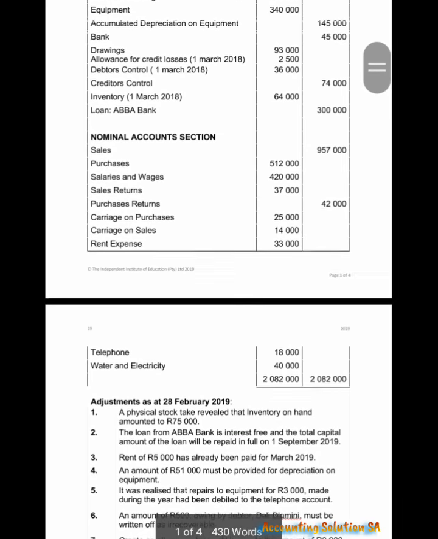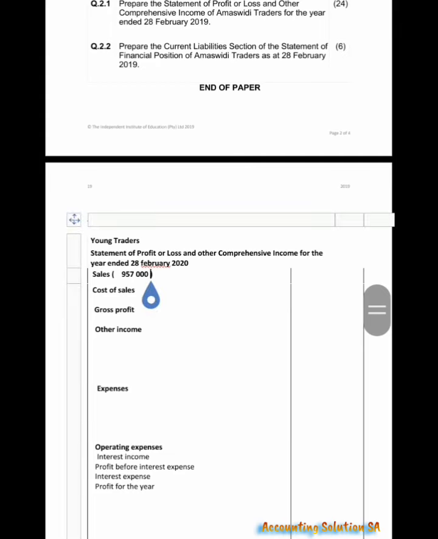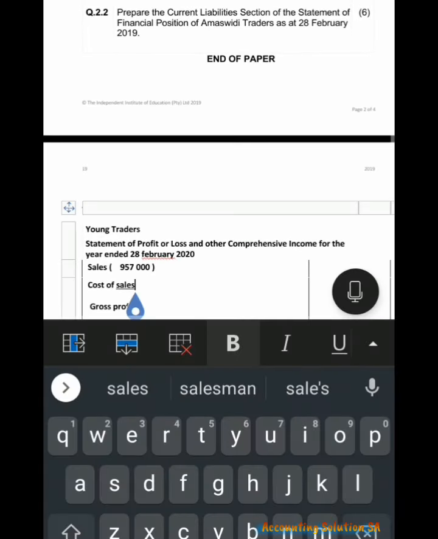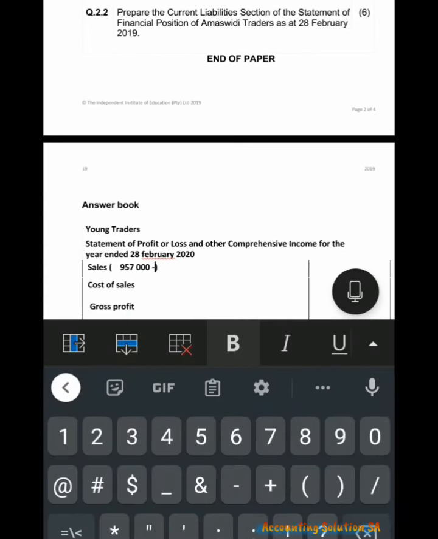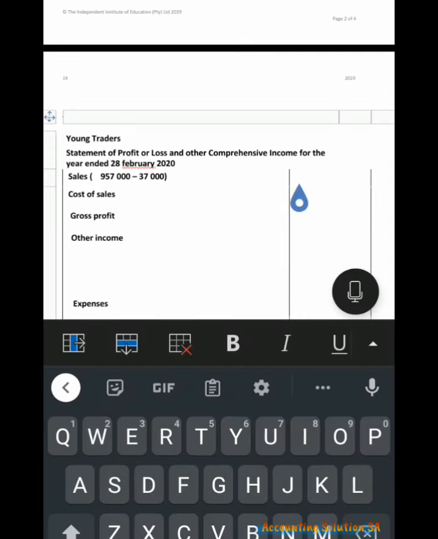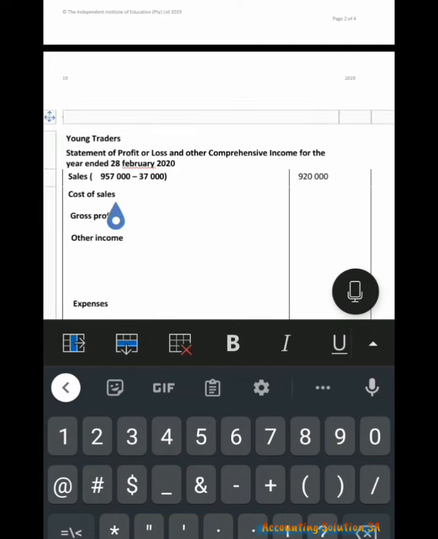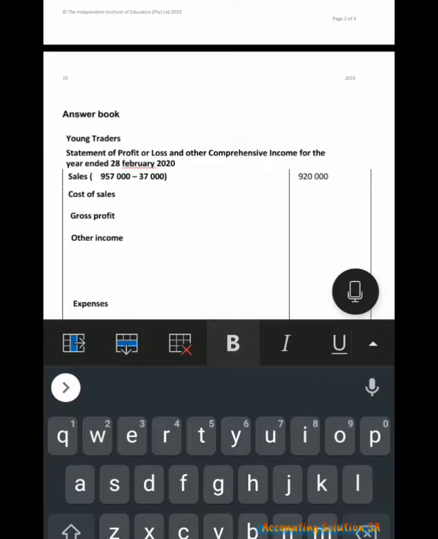If you check the information, we have a sales return of 37,000, which means that in our calculation we are going to say 957,000 minus 37,000, which is going to give us an amount of 920,000.